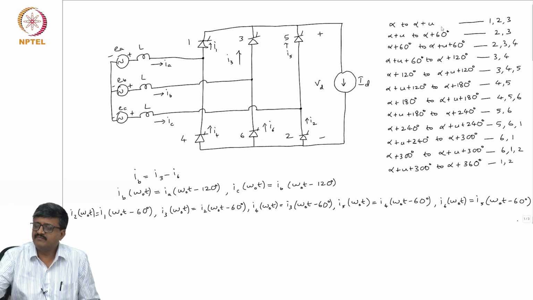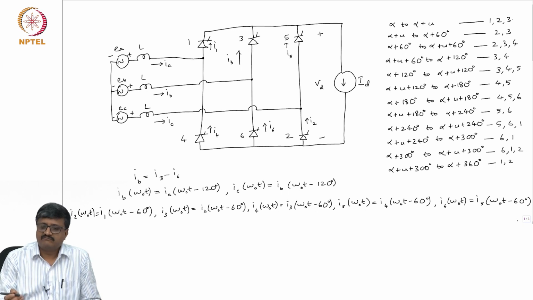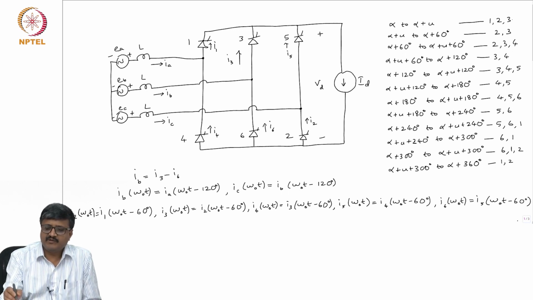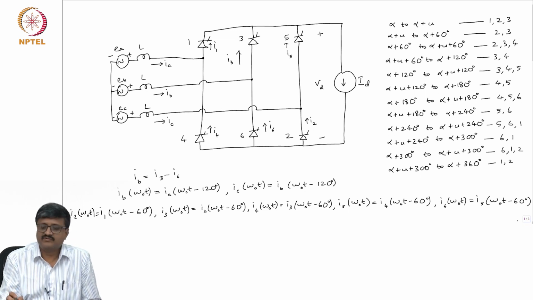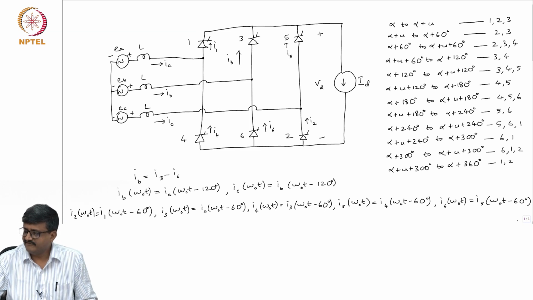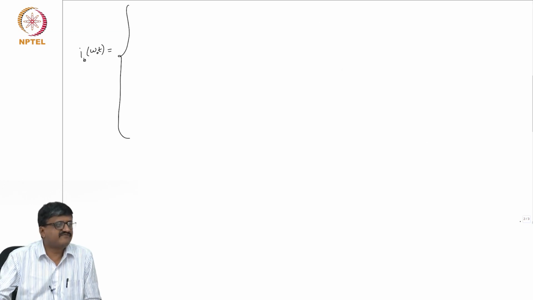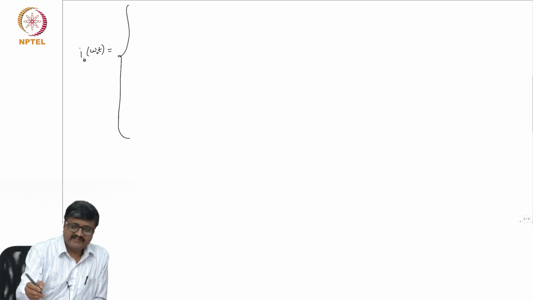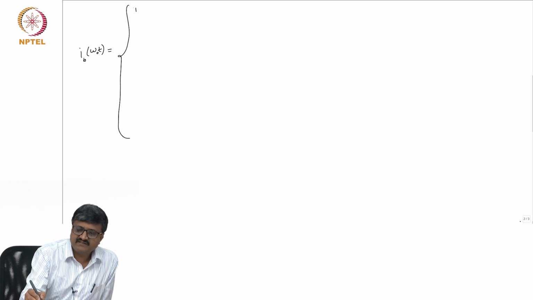From alpha to alpha plus u, valves 1, 2 and 3 are conducting. So, IB is dependent only on the current through either 3 or 6. Whether 1 or 2 conduct does not matter. So, IB is equal to I3, I6 is 0 because I6 is not conducting. So, IB is I3 in the first subinterval, and we derived the expression for I3.